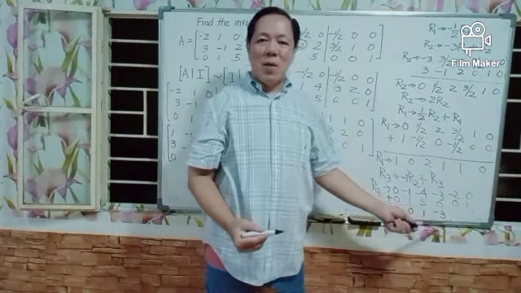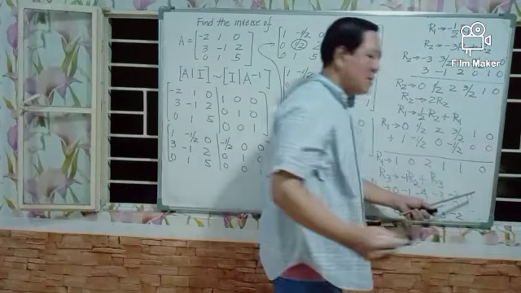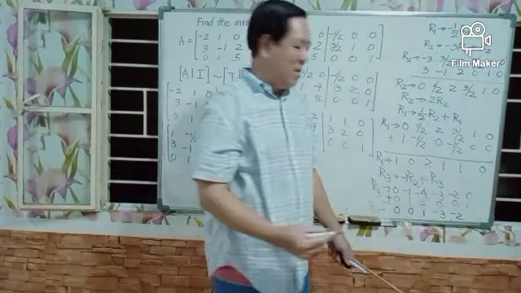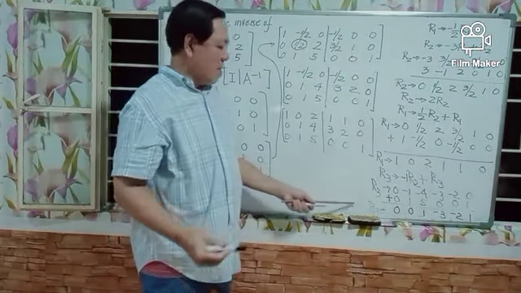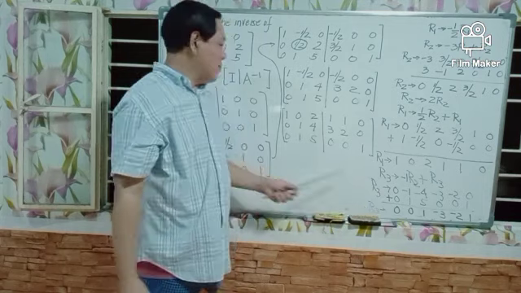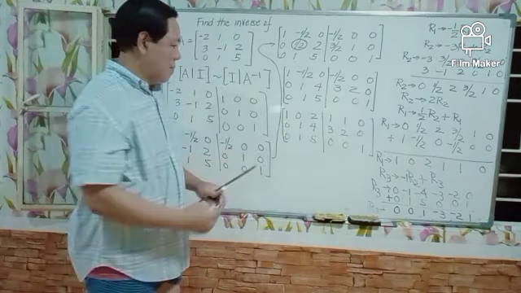Negative 2 plus 0 is negative 2. And 0 plus 1 is 1. These are the new entries of row 3. The entries of row 1 and row 2 are the same.